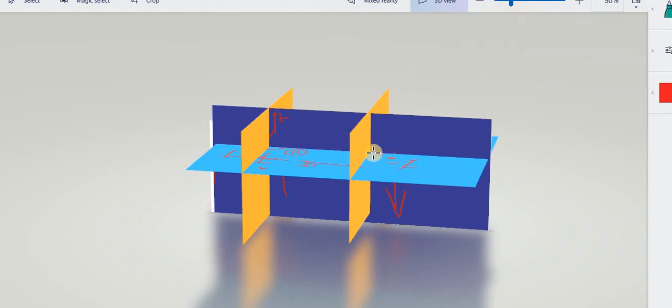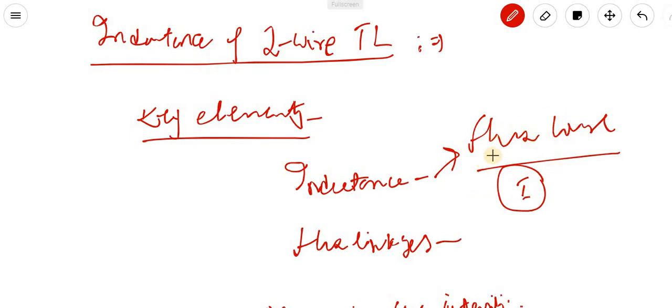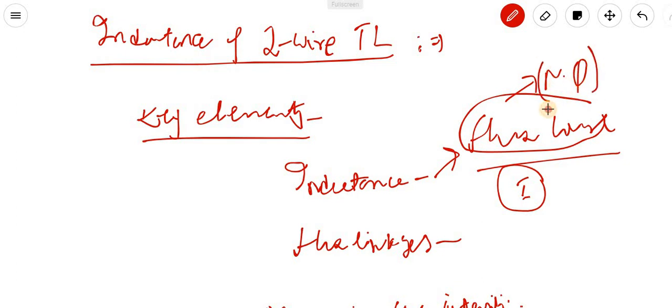Now, what do we know about flux linkage? Flux linkage means the number of turns times the flux. From where will this flux come?